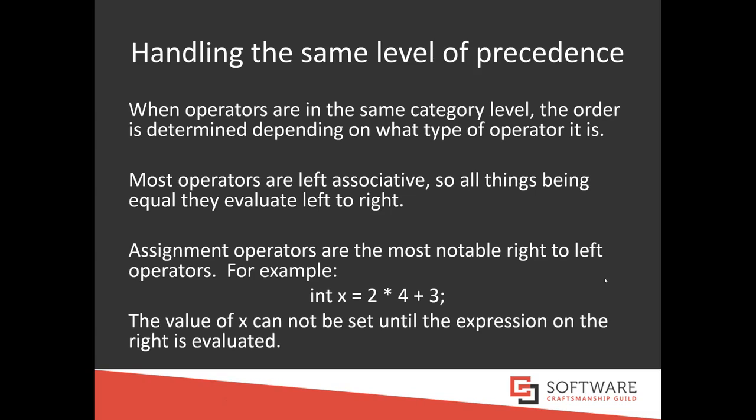Assignment operators are the most notable right to left operators. So for example, if we have an integer x that we're going to assign to the expression 2 times 4 plus 3, we have to actually do the math before we can assign the final value to x. So the equal sign is right associative because the expression on the right-hand side has to be completed before x receives a value.